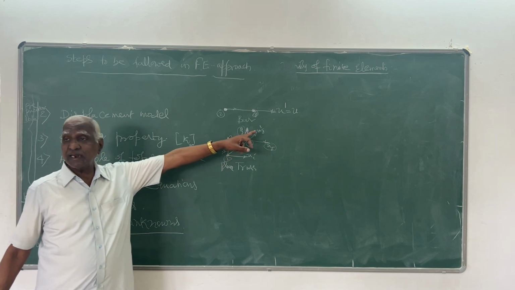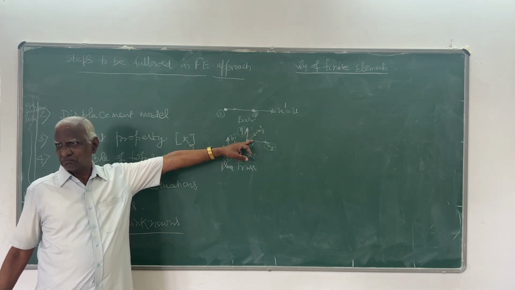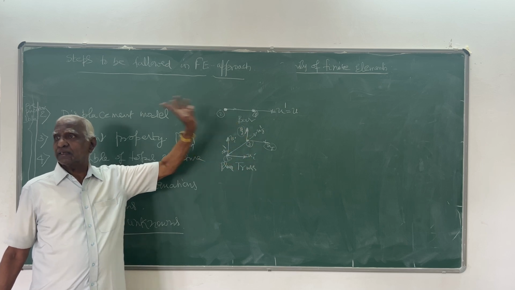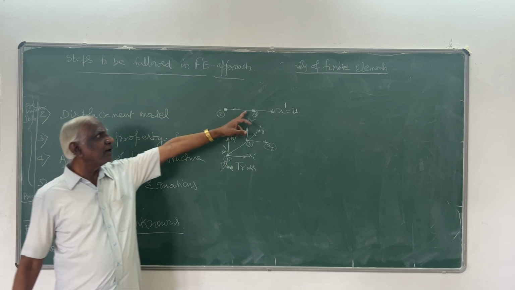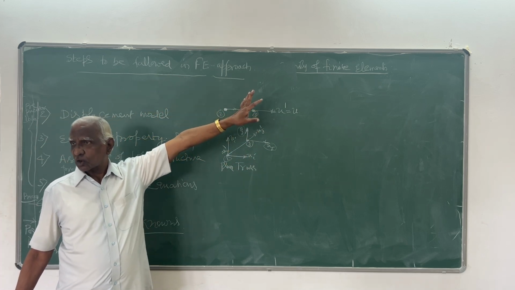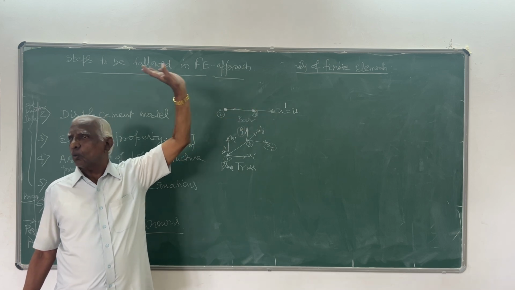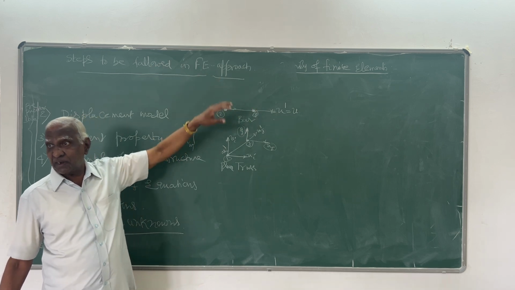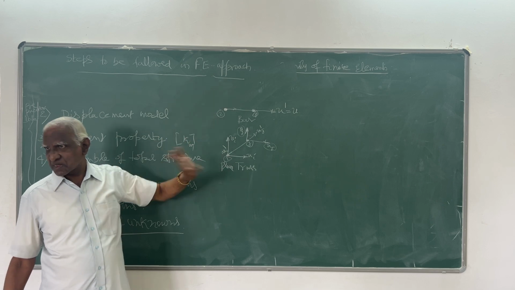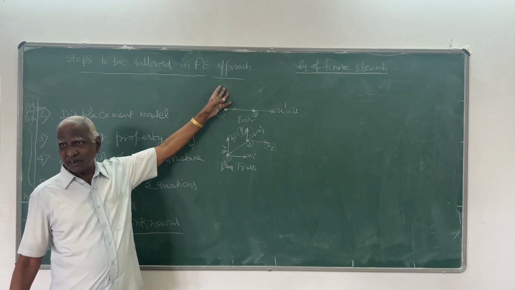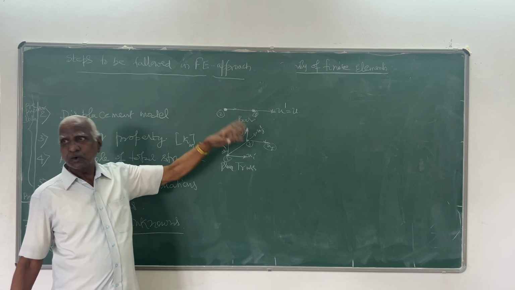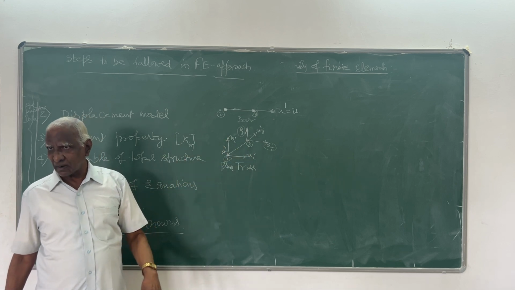In local coordinates it is only one. In global it is two. Here in the bar, whether local or global, it is only one. That's the difference between bar and truss: 1 degree of freedom per node, 2 degrees of freedom per node.